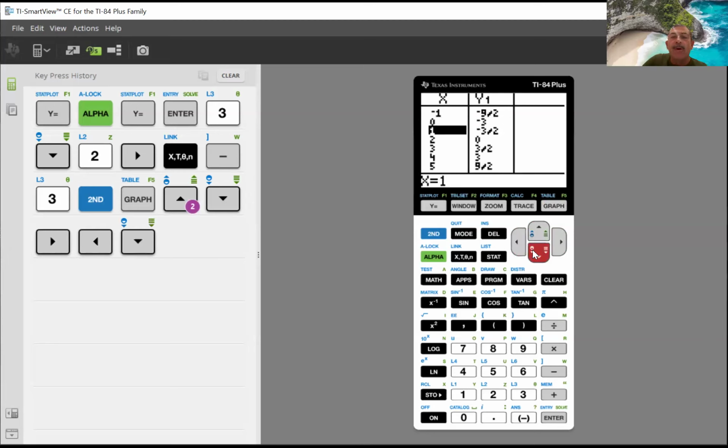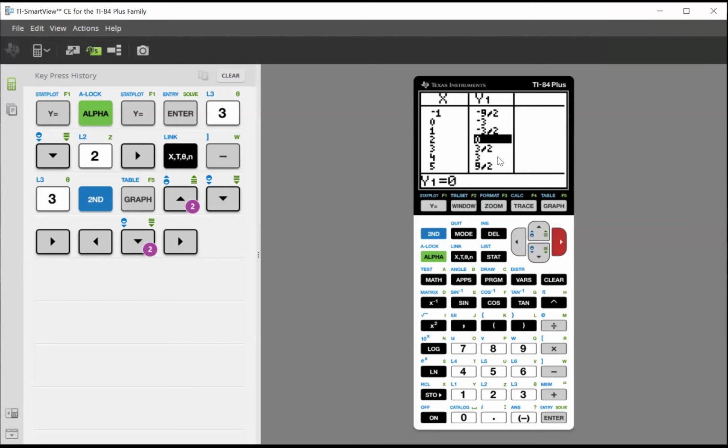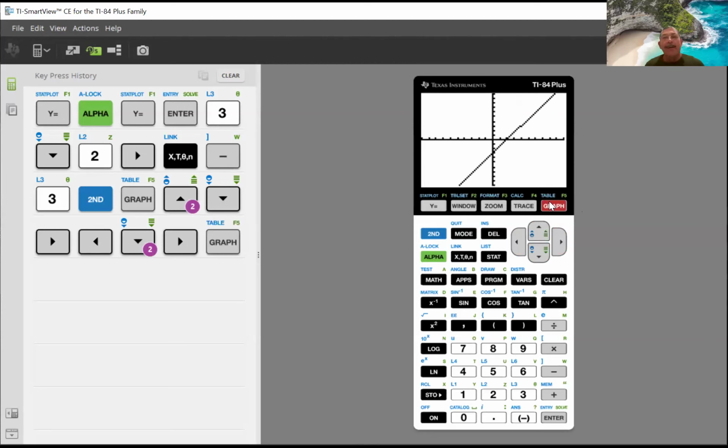And then my second point was 2 down here. It had a y value of 0 like we found. So you see how all these even numbers are giving me nice y values, to where these odd x values are giving me those fractions I was trying to avoid, okay? Now, to see the graph, I hit graph. And y'all, there's our line going up there.